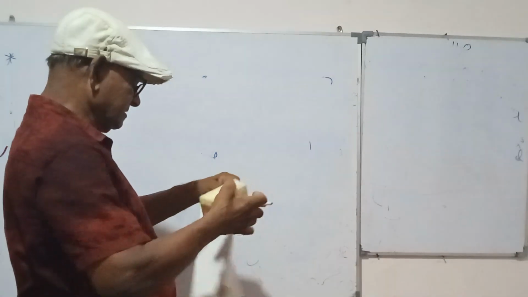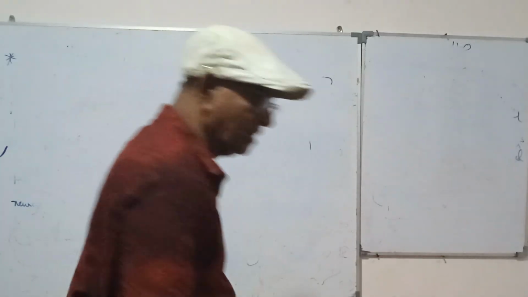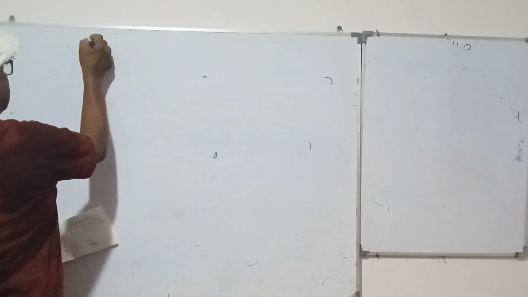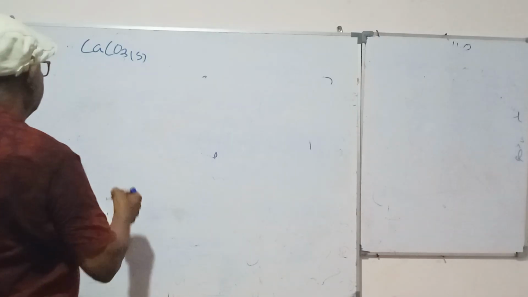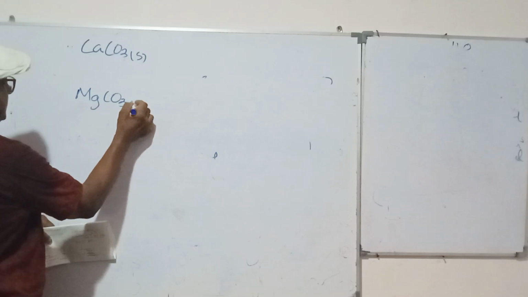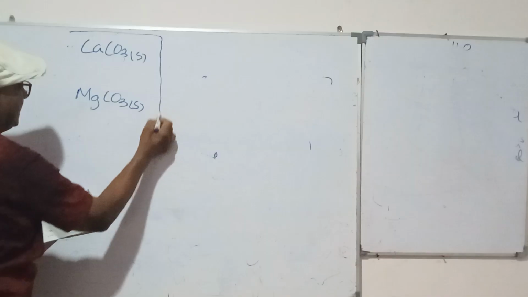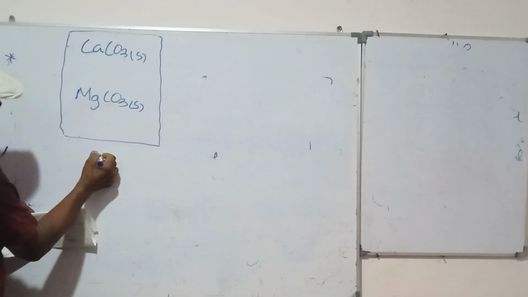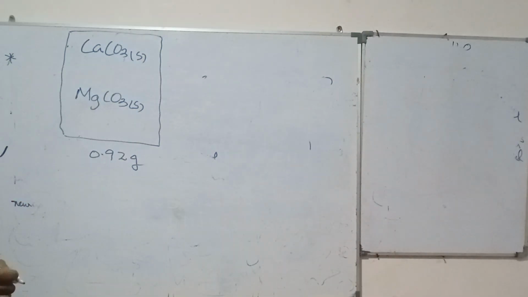It is given as a mixture of calcium carbonate, solid, and magnesium carbonate, solid. That solid mixture has the total mass 0.92 grams.